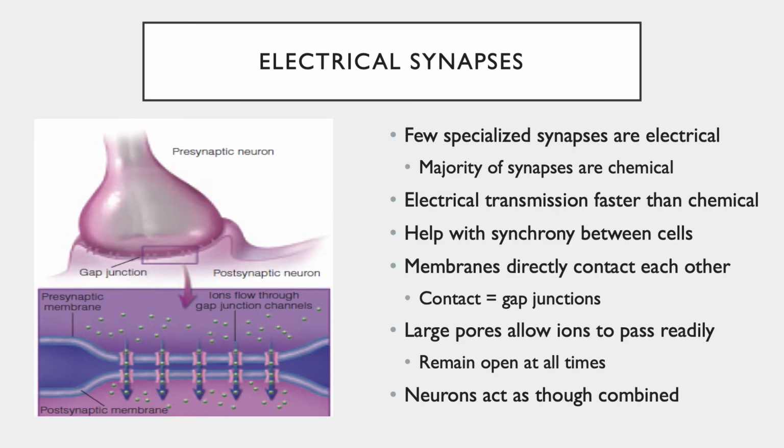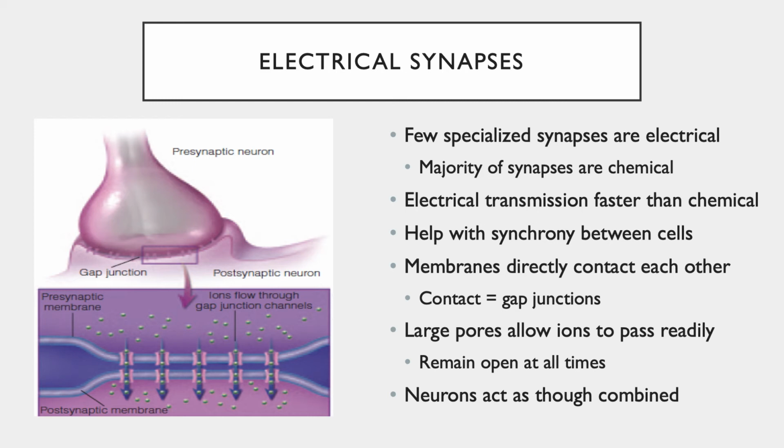At this point, we've only been discussing chemical synapses. I do want to quickly discuss electrical synapses before we move on to the endocrine system and hormones. Electrical synapses are relatively infrequent in the central nervous system compared to chemical synapses. Electrical synapses are faster, and one example is breathing.